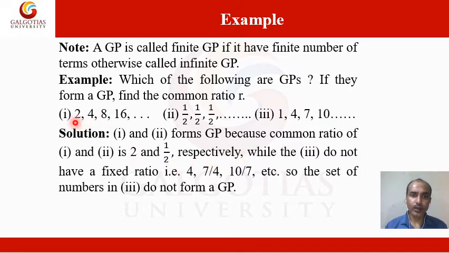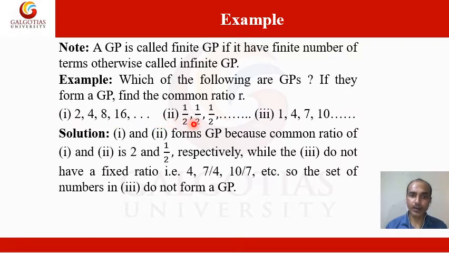How? If we divide 4 by 2, we get 2. Divide 8 by 4, again we get 2. Divide 16 by 8, again 2. So the ratio of each next term with its preceding term is fixed and equal to 2. So the first list of numbers represents a GP.